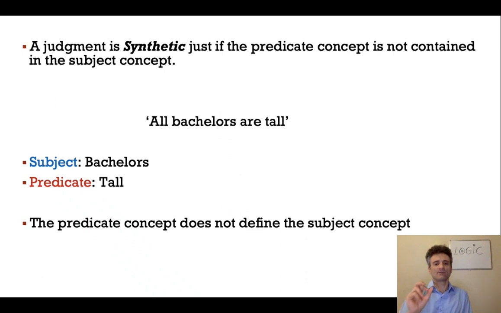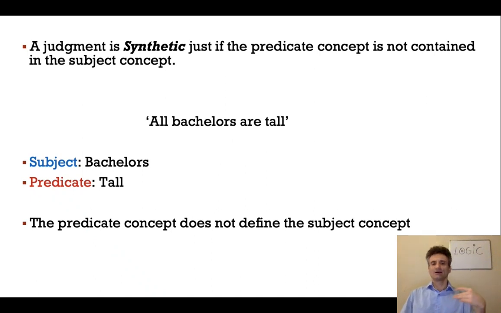And notice here the function of the verb are. In the previous example, the example of an analytic statement, I used the verb are to mean equal. So all triangles are in the sense of equal. They are the same thing as three-sided figures. But here it is different, because when I say that all bachelors are tall, I don't mean that all bachelors are exactly what tallness is.